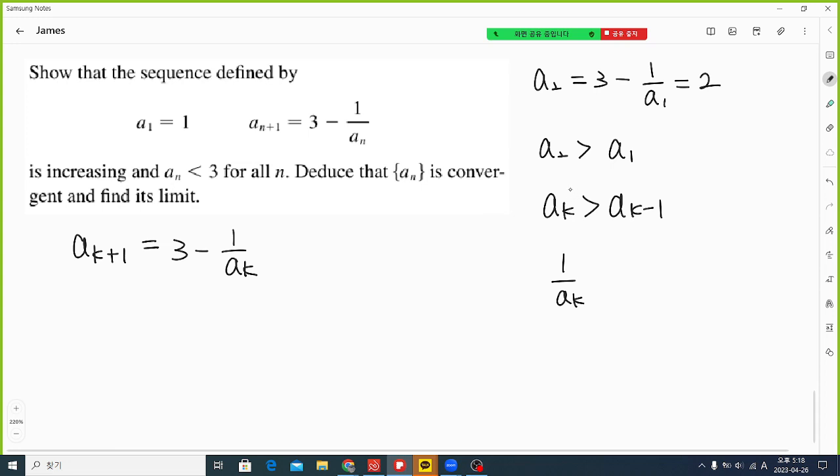because the sequence is always positive, it's increasing. Making the reciprocal changes the direction of inequality. But if we put the negative sign, again the direction changes.